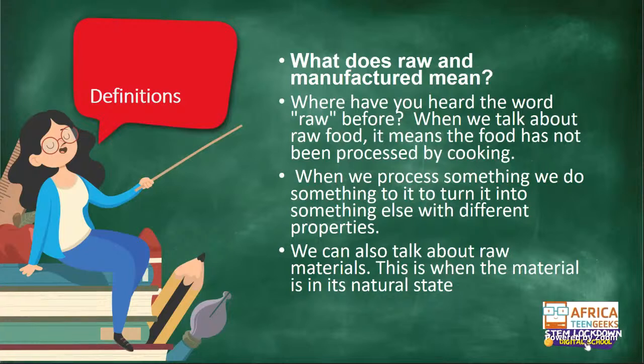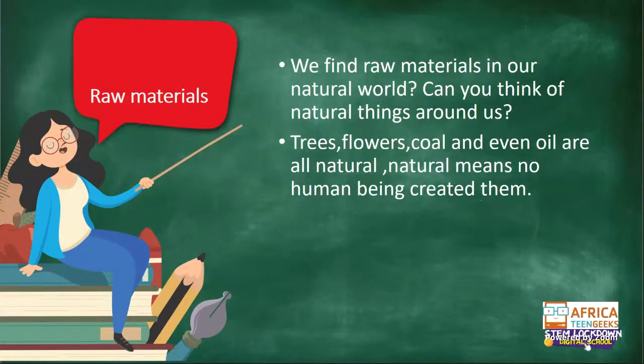Therefore, it means that it's raw. Raw, it's still not processed, still in its natural state. And then we find raw materials in our natural world. Did you know that? We find our raw materials in the natural world.